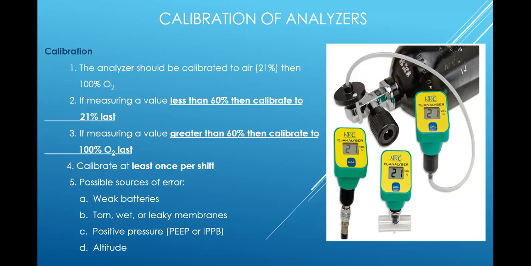If he is on greater than 60%, then I'm going to calibrate to 100% last, okay? So if you tell me he's on 75% FiO2, I'm going to take out my analyzer and calibrate it to 21% first, and then to 100%, and then I'm going to put it in the stream of the patient, okay?